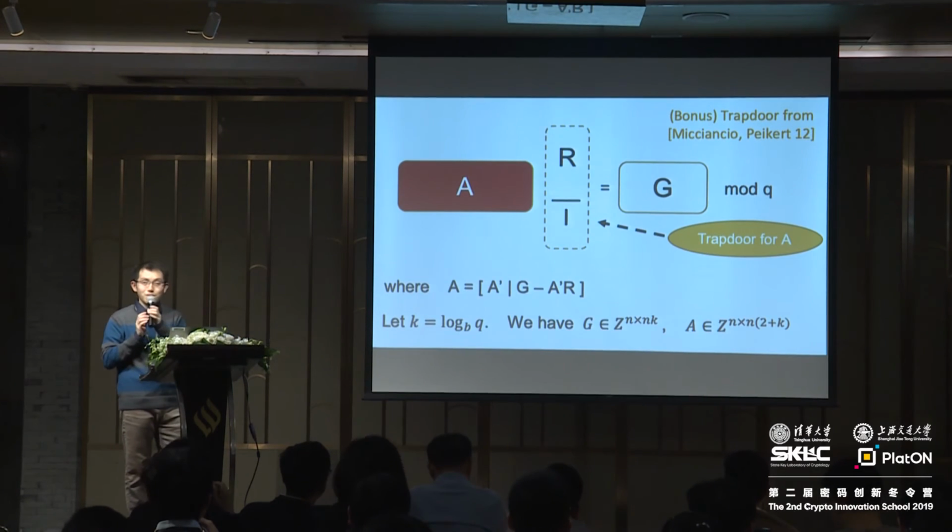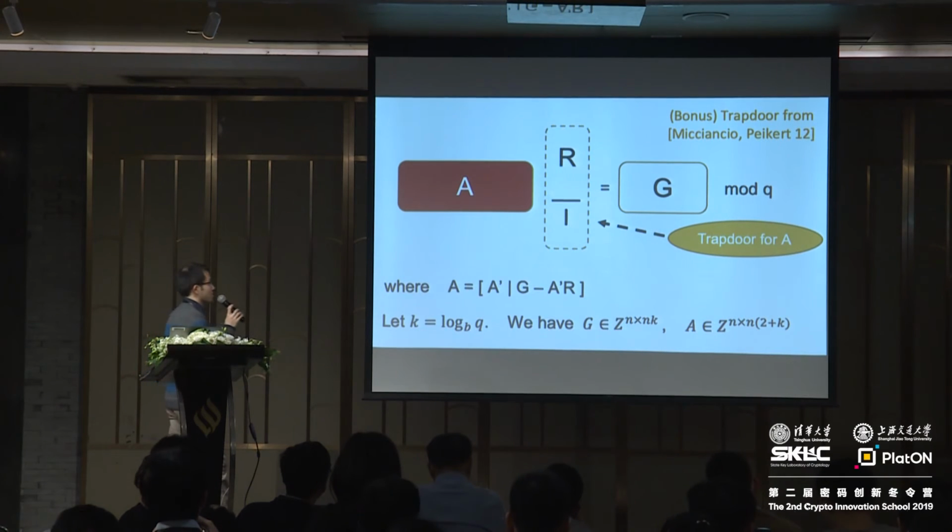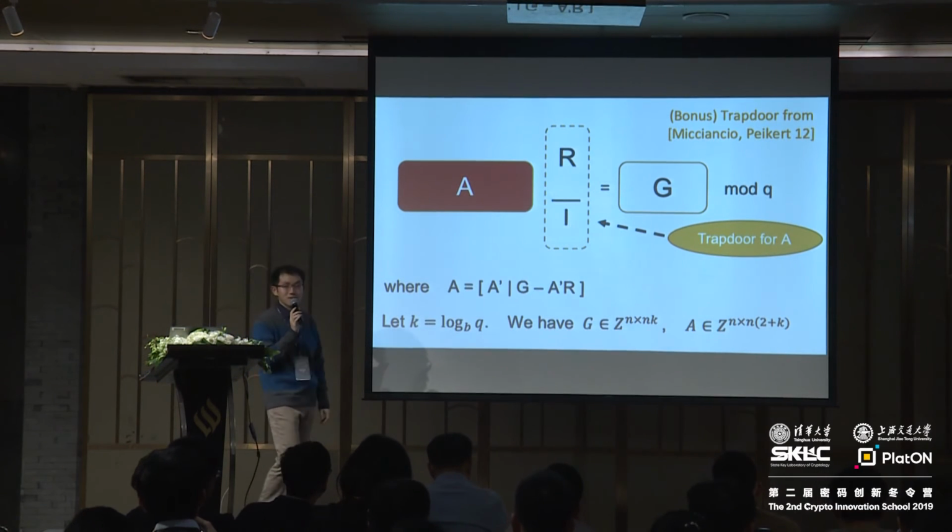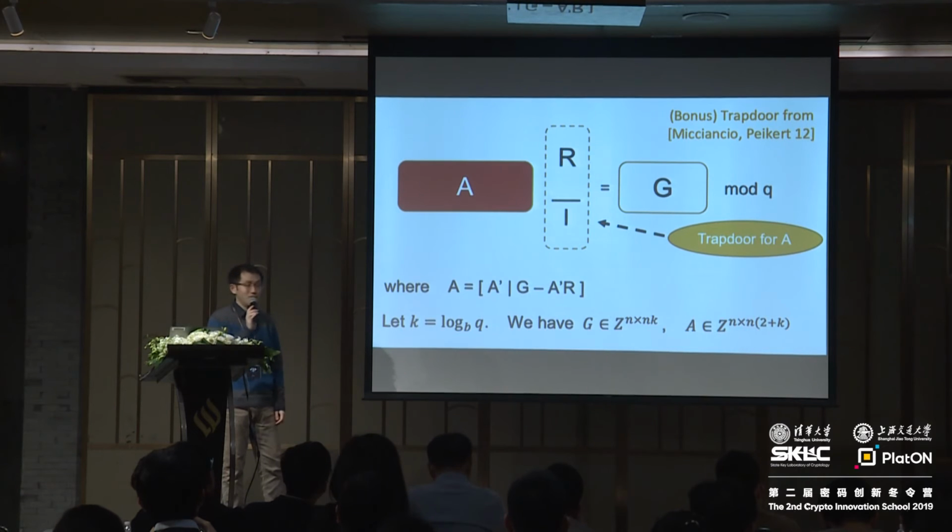After you have this public gadget, you can construct a matrix A with such a trapdoor as follows.